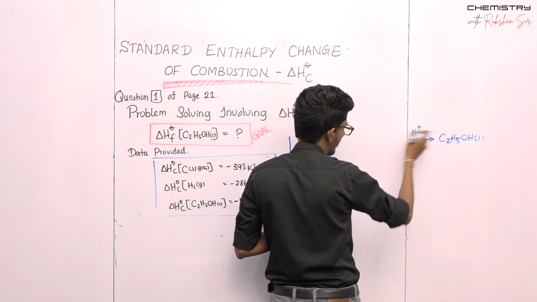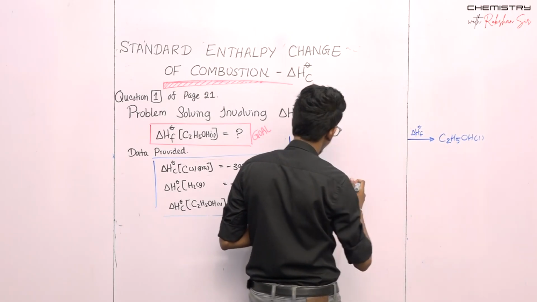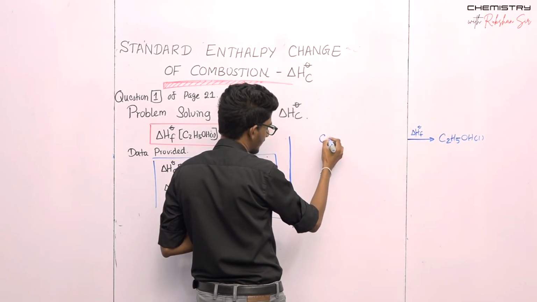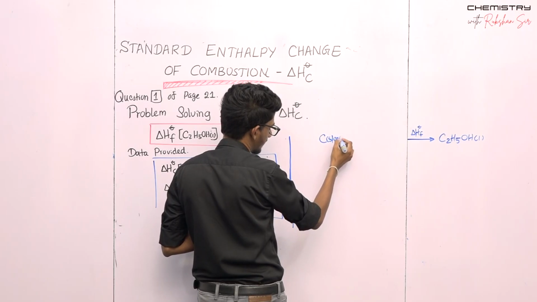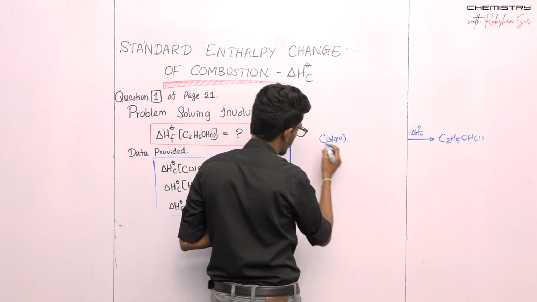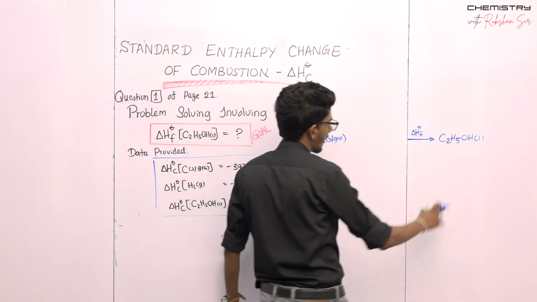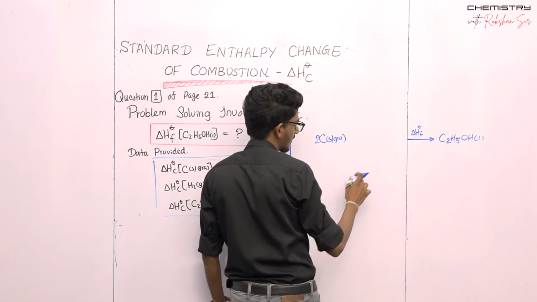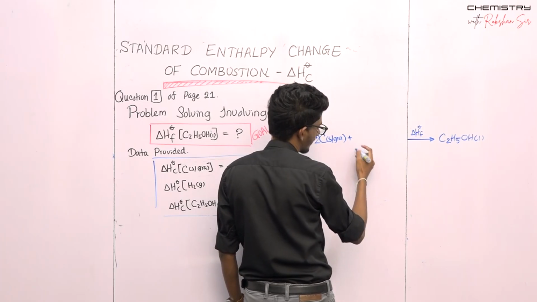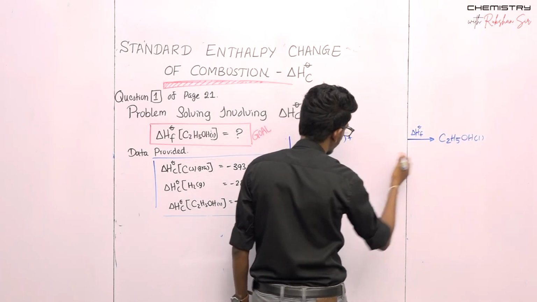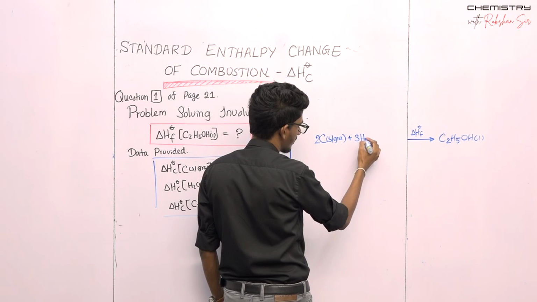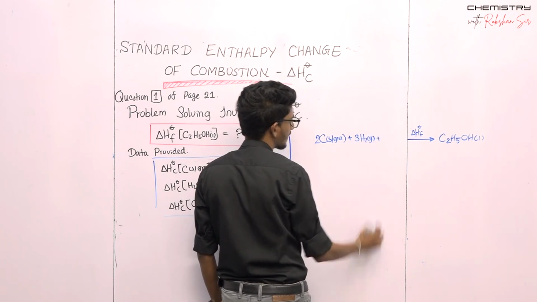Carbon's reference form is carbon solid graphite, so 2 carbons should appear. Hydrogen's reference form is H2 gas. 6 hydrogens should appear, which means 3 H2 gas.